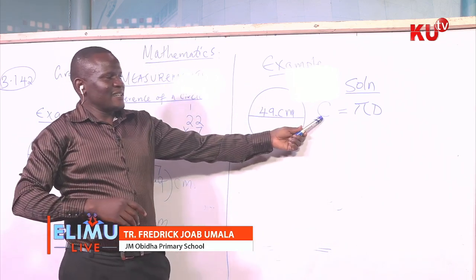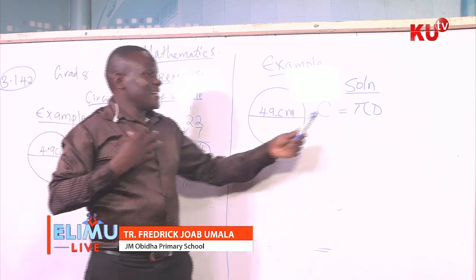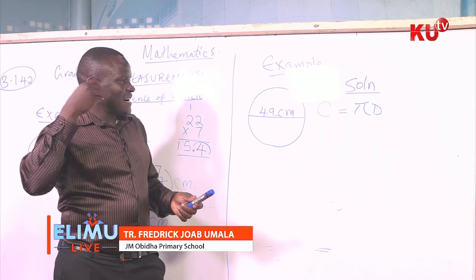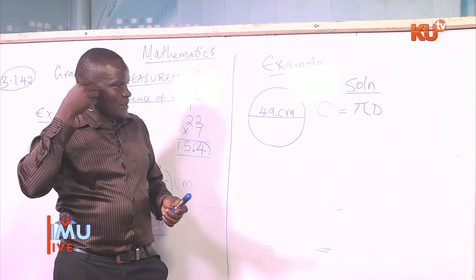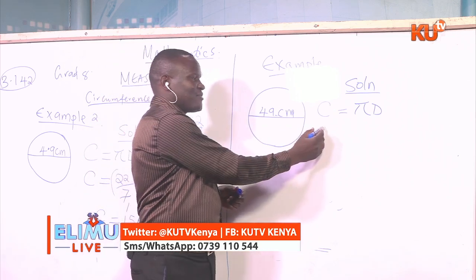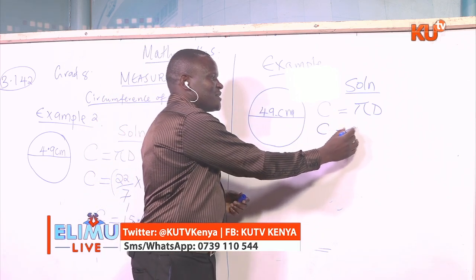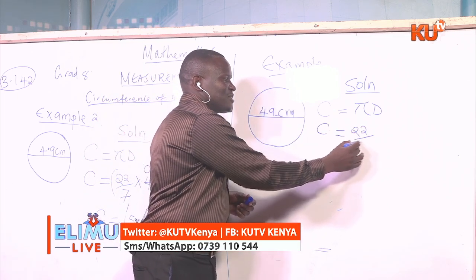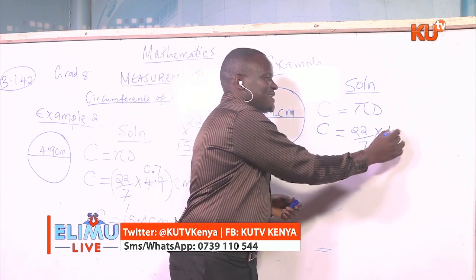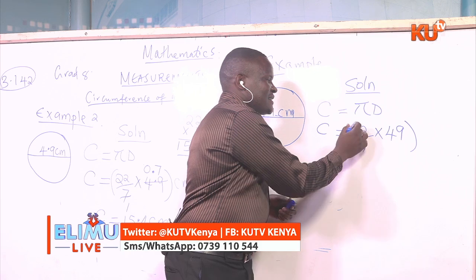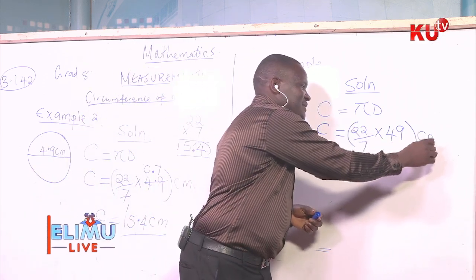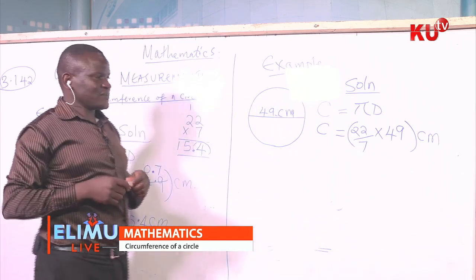C is our circumference. This is our pi, and the value of pi is 22/7, and d is the diameter. Therefore, circumference will be equals to 22/7 times our diameter, which is 49. The units is centimeters.